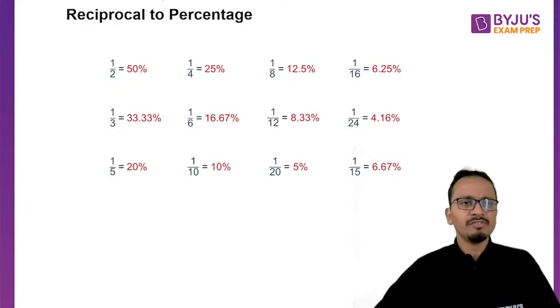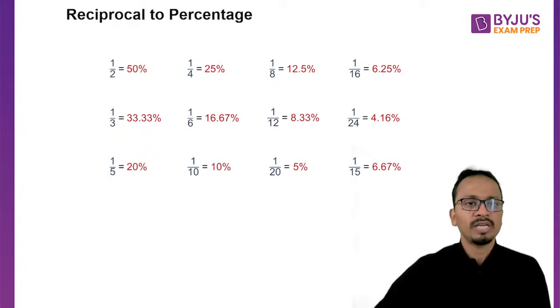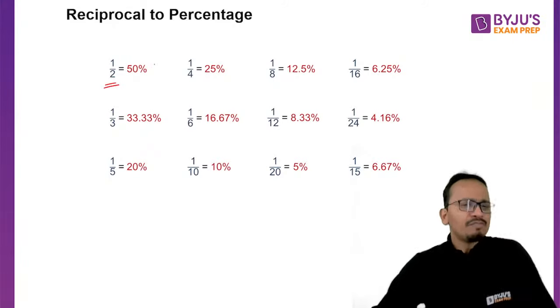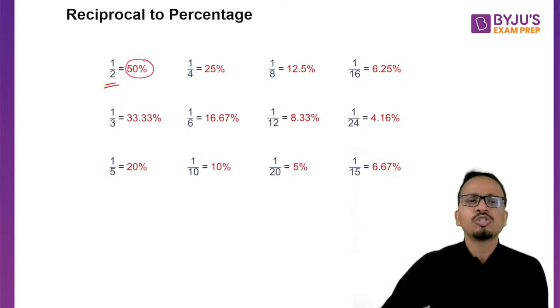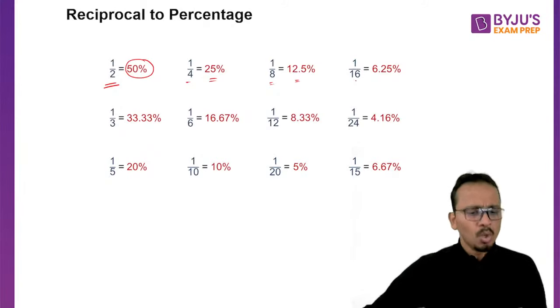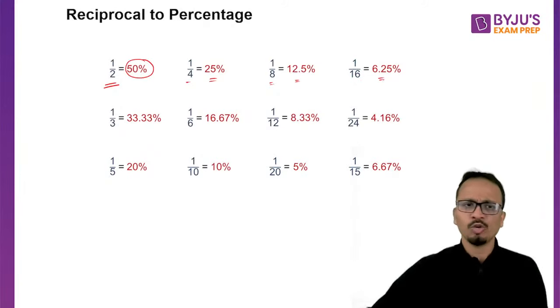Basically, if I talk about any fraction like 1 by 2, I can say that 1 by 2, or half of any number, can also be written as 50% of that number. Similarly, 1 by 4 is 25%, 1 by 8 is 12.5%, 1 by 16 is 6.25%.